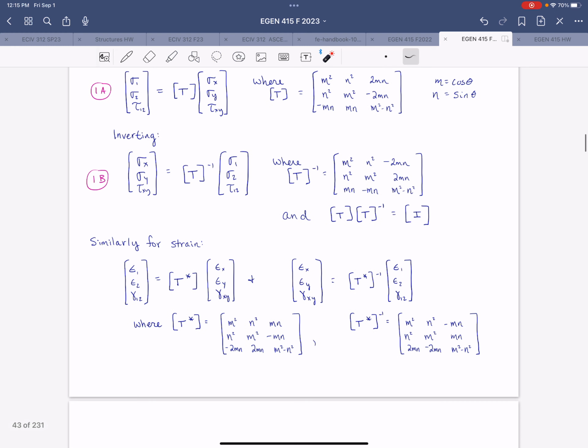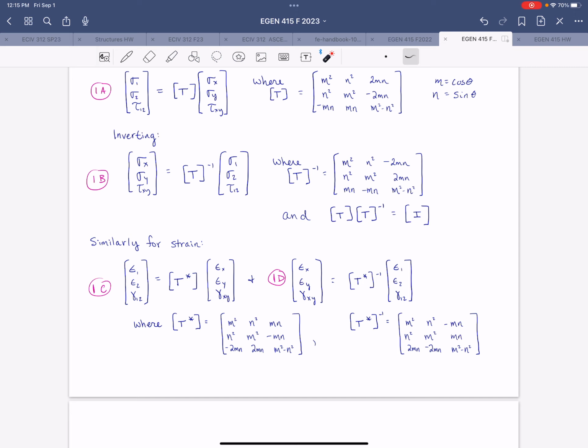All right, so now we're going to apply the same thing to strain. I'm going to call this equation 1C and 1D over here. So the 1 phase is just all coordinate transformation. And the transformation matrix for strain is similar to the transformation for stress, but it's not identical.